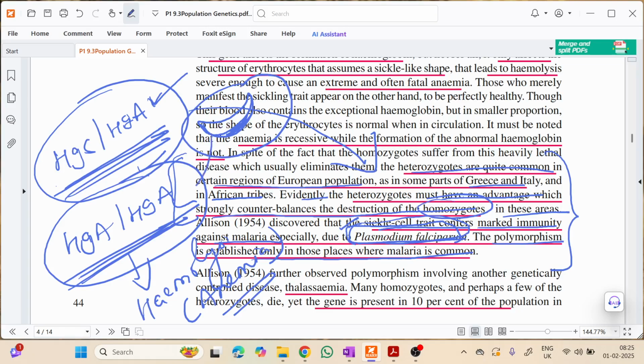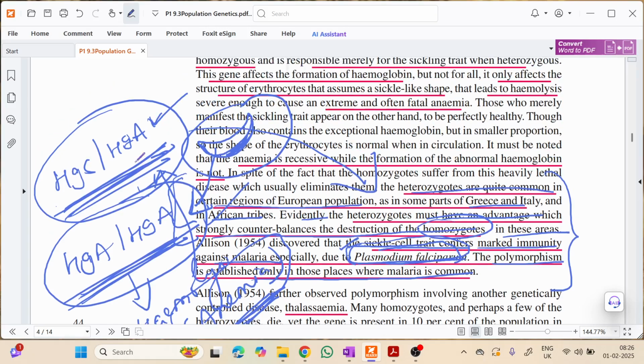But since the presence of both the alleles in the form of sickling trait will lead to anemia somehow, even if you do not die from malaria, you will die from anemia. So here the advantage is conferred by the presence of one dominant gene, because nature selects the dominant.